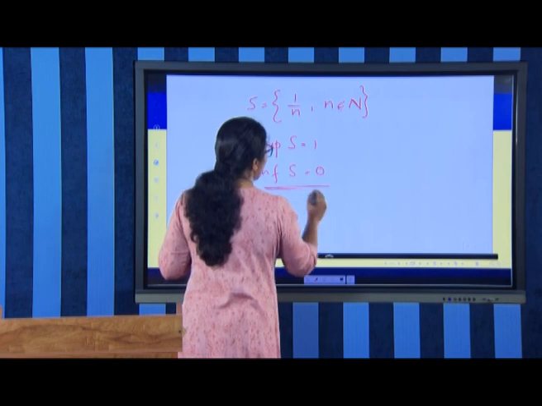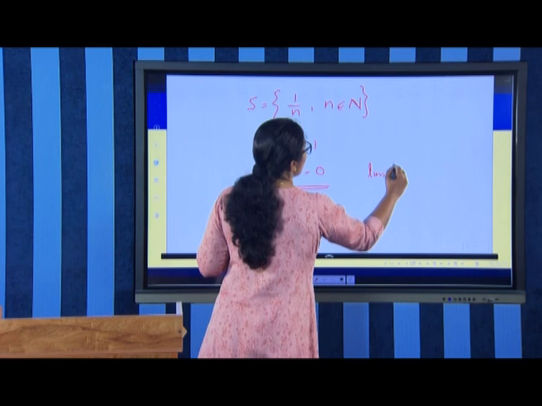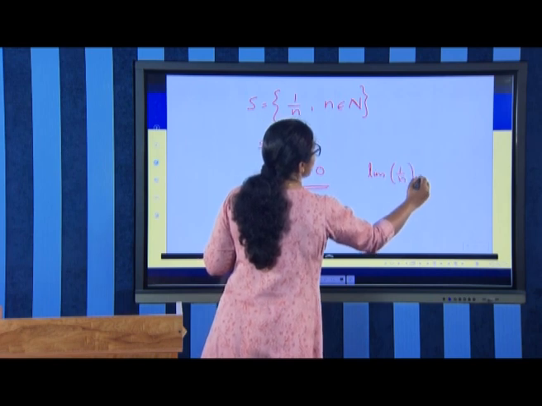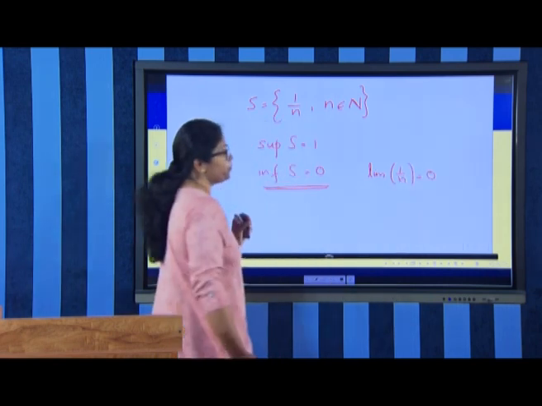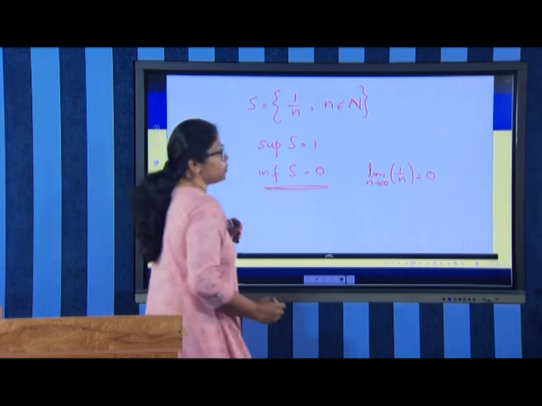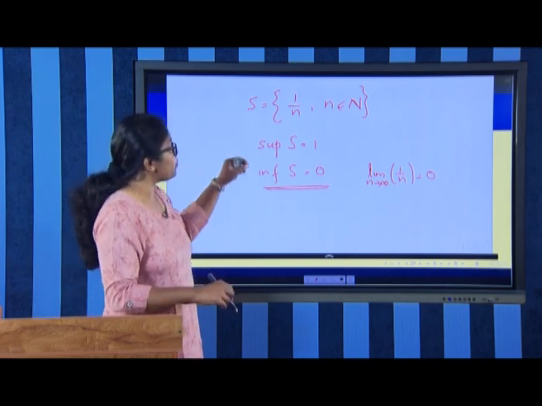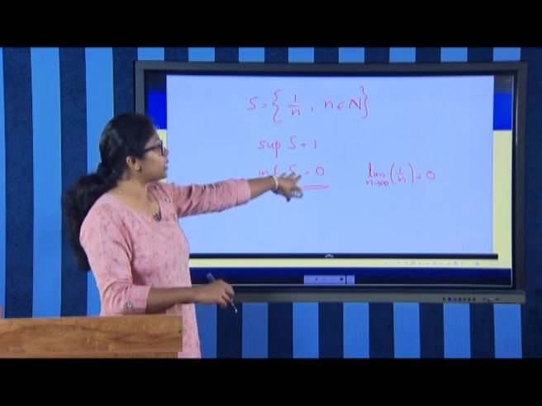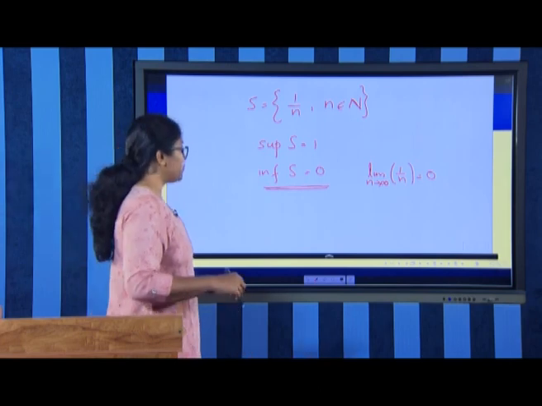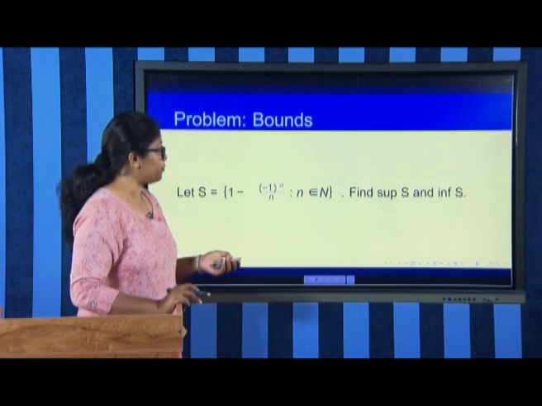This is another example, because limit n tends to infinity of 1 by n is equal to 0. So, we can list out all the elements 1, 1 by 2, 1 by 3 and so on, and finally, we will be reaching 0. So, that is another example to find the supremum and infimum.